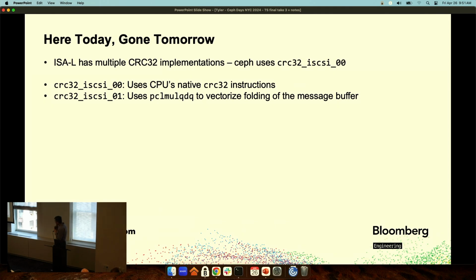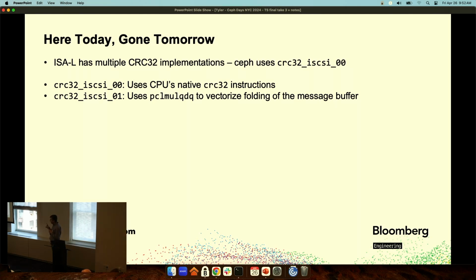So I started looking at this, and I found out something that seemed kind of cool. Ceph uses this CRC function by default. There's actually 3 of them in the source tree. There's an 00, an 01, and an 02. 02 requires some AVX-512 or something, I think. But 01 only requires SSE 4.1.